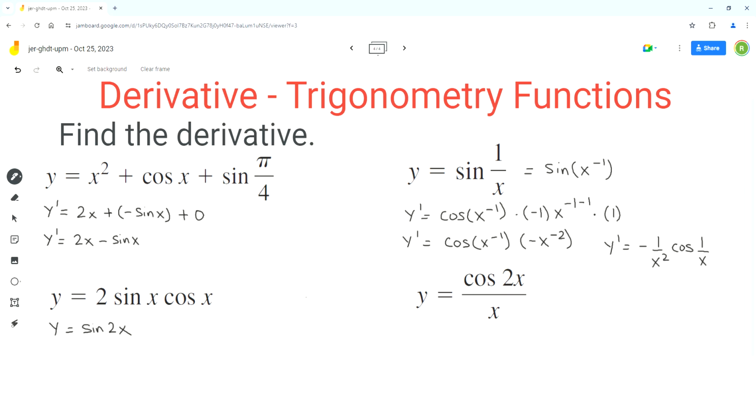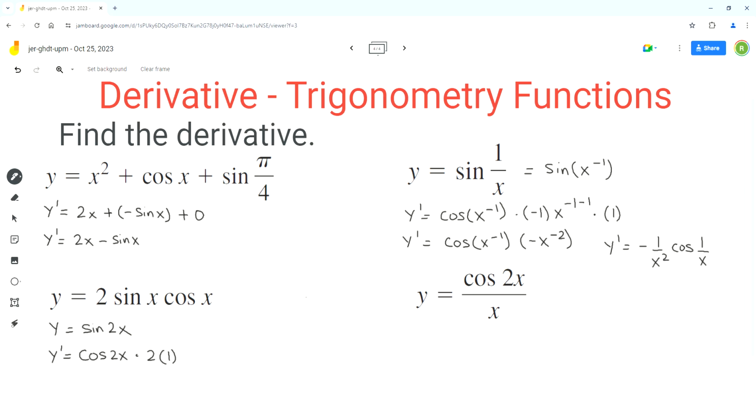Now we can find the derivative of this term. We have to use the chain rule. For the outer function, the derivative will be cos 2x, times the derivative of the inner function, which is 2x, and the derivative will be just 2 times 1.